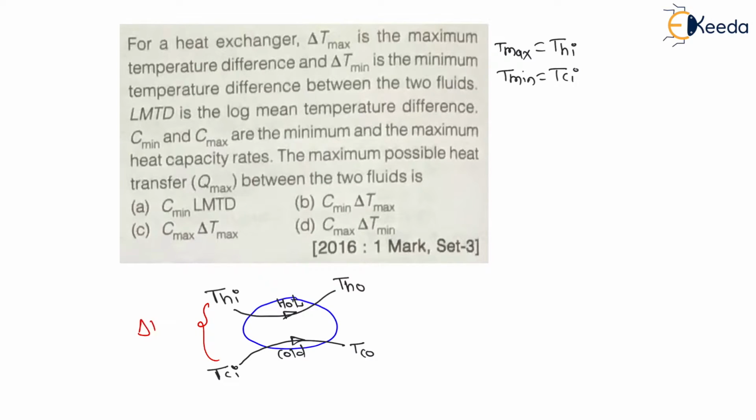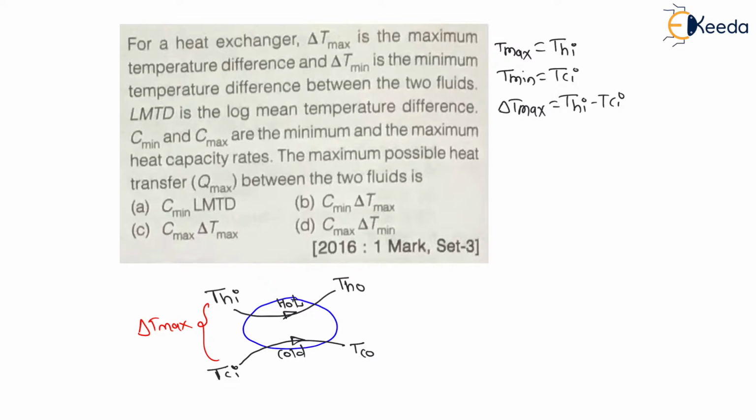Therefore, this difference is delta T max, right? Therefore, my dear students, delta T max will be equal to Thi minus Tci. Let us say initially this Thi and Tci, that is the inlet of hot fluid and the inlet of cold fluid, are in contact. Therefore, the temperature difference available for heat transfer between them will be Thi minus Tci.